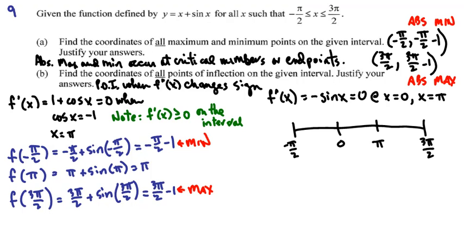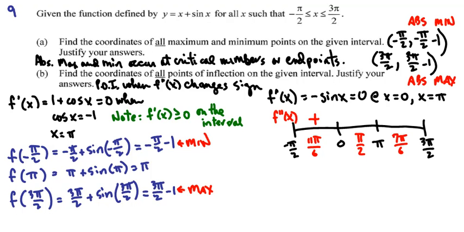And we need some test values that are easy to evaluate sine at. We'll use 11 pi over 6, pi over 2, and 7 pi over 6. At 11 pi over 6, sine of x is negative 1/2. So negative negative gives me positive.